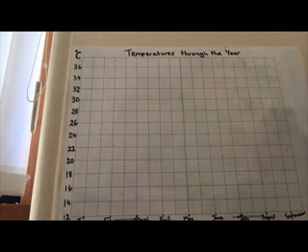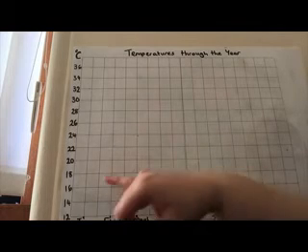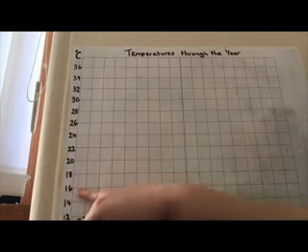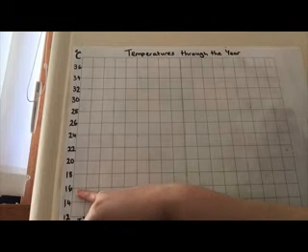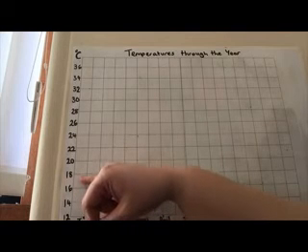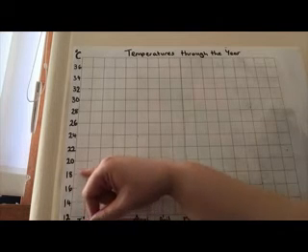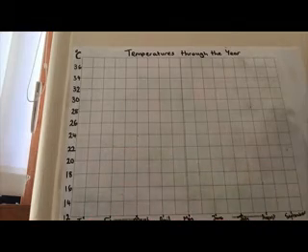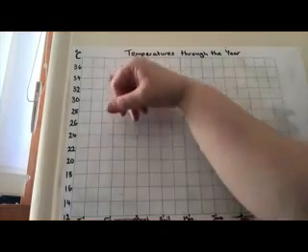It's called continuous data because I can have a temperature of 16 degrees, I can have a temperature of 16.1, 16.2, 16.3, 16.4, all the way up to 18 degrees. I can then have 18.1, all the way up to 20 degrees. So it is continuous.